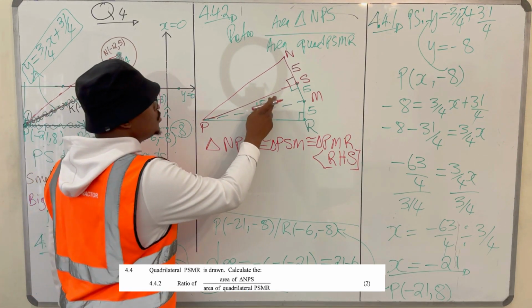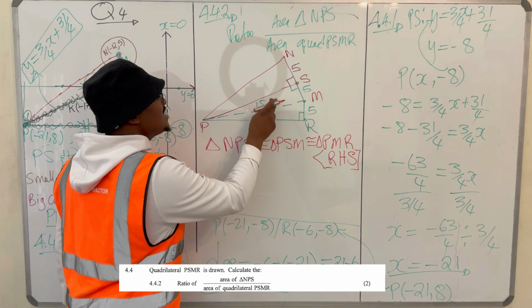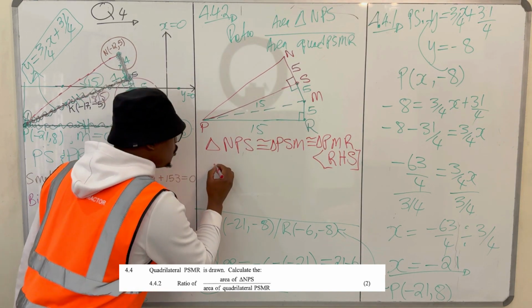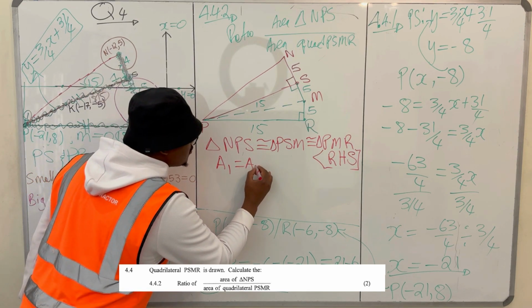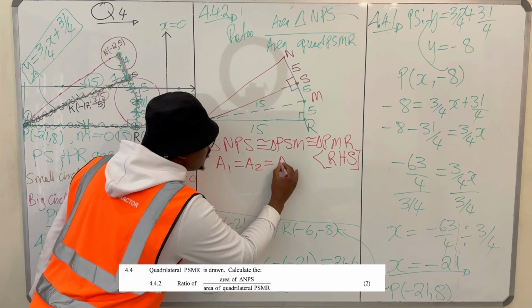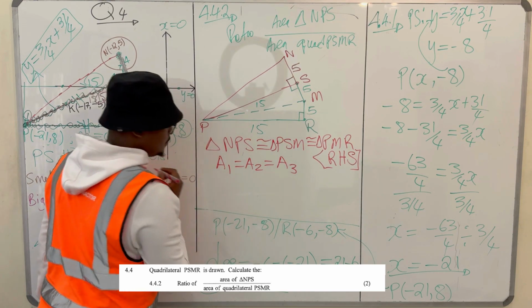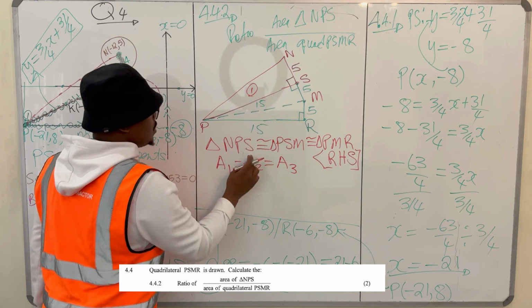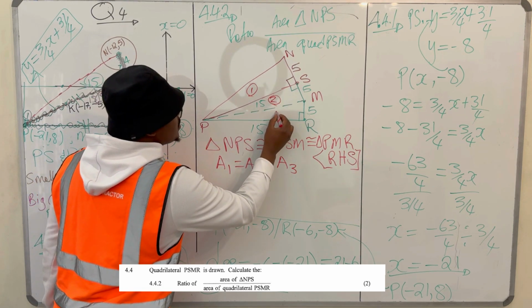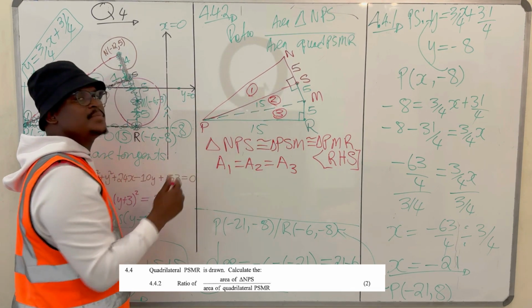So you have exactly equal triangles. So the area of triangle 1 is equal to the area of triangle 2, which is equal to the area of triangle 3. Area 1, which is this, equals area 2, which is this, equals area 3, which is this, because these are exactly the same triangles.